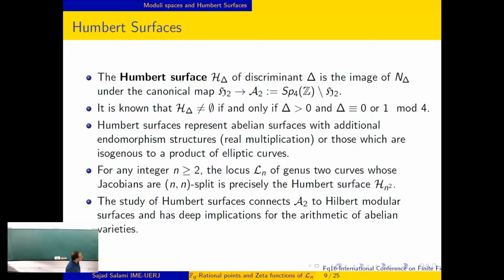Humbert surfaces represent abelian surfaces with additional structure, such as real multiplication, or those which are isogenous to a product of curves. We choose this hypersurface, the locus Ln, because it is exactly a Humbert surface containing those curves that have split Jacobians. This geometric view of these hypersurfaces comes from the study of surfaces inside the moduli space.